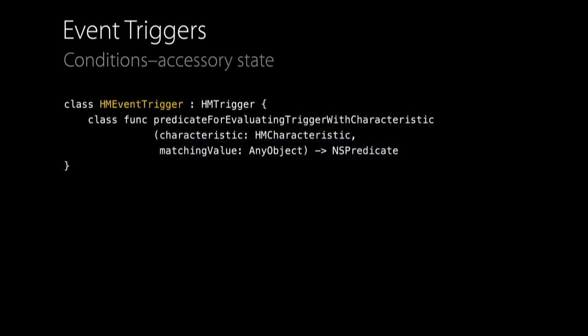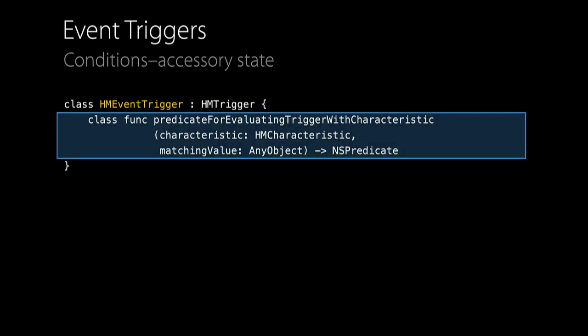Next, the state of an accessory. We also have a convenience API on the HMEventTrigger class, namely predicateForEvaluatingTriggerWithCharacteristic, that takes a characteristic and a matching value that needs to be met for that condition to be evaluated true.